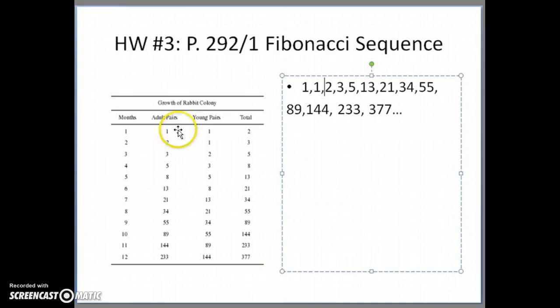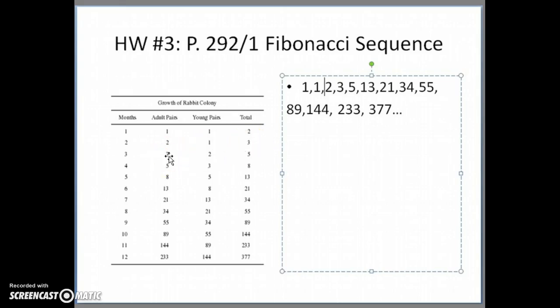And then the second month we have two pairs, 1 adult pair, 1 young pair. And then suppose the adult pair gave birth to 1 young pair. Then altogether in the second month we have 3 pairs.